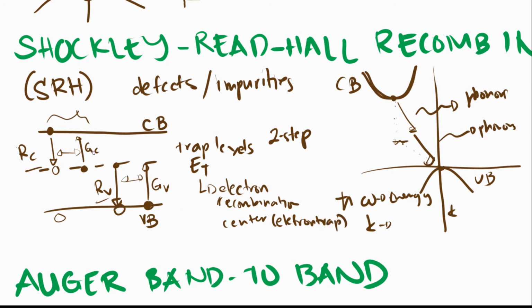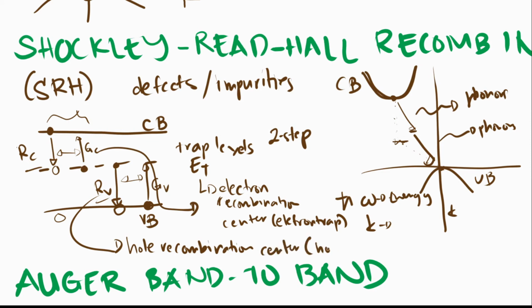So this is if these two processes dominate. While if these two processes dominate, we have a hole recombination center, or a hole trap.